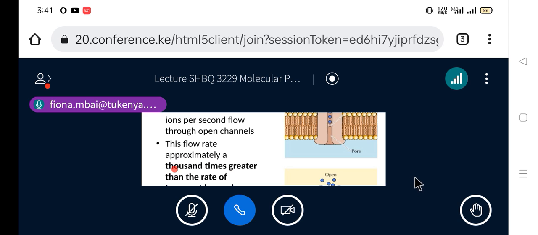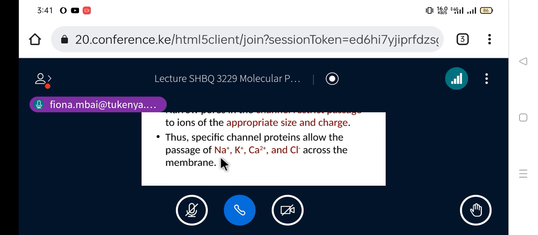The flow rate is approximately 1,000 times greater than the transport would be by carrier proteins, the exchanges and the co-transporters we've talked about. So the channels really allow things to move much, much faster. This is just to remind you of something we've done because we'll be touching on it again.